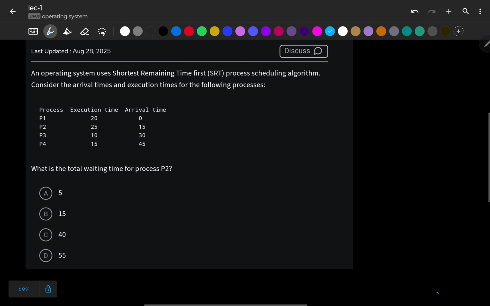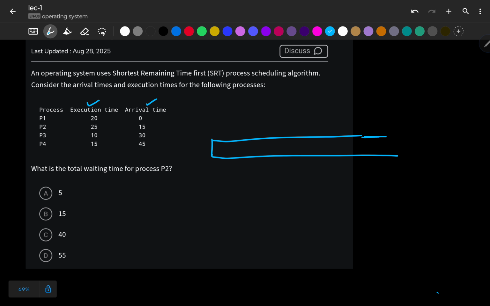In this question, these are arrival time, these are execution time or the burst time. So we will create a Gantt chart. At arrival time 0, only the process P1 has come, and its execution time is 20 units. But before the completion of these 20 units, process P2 will come at time 15.